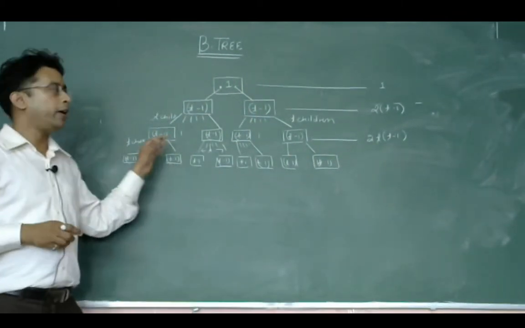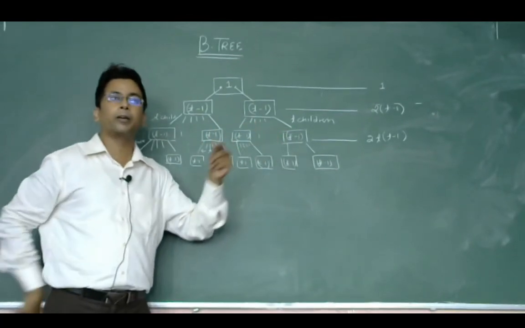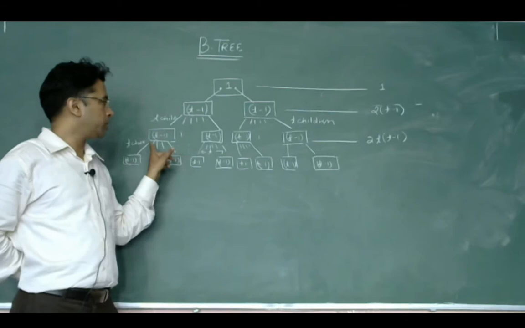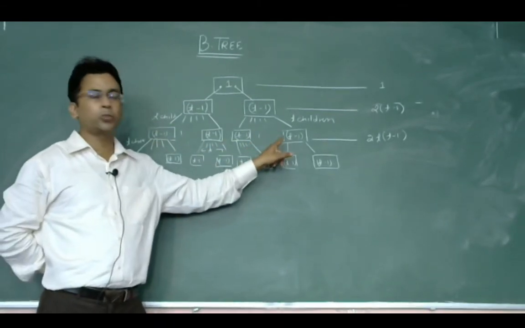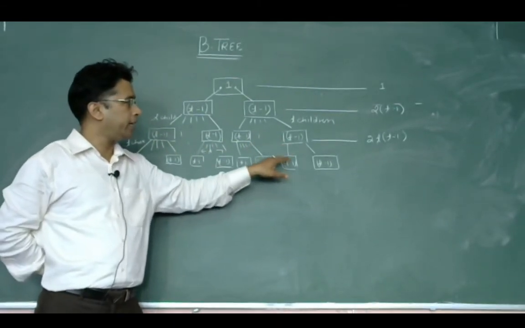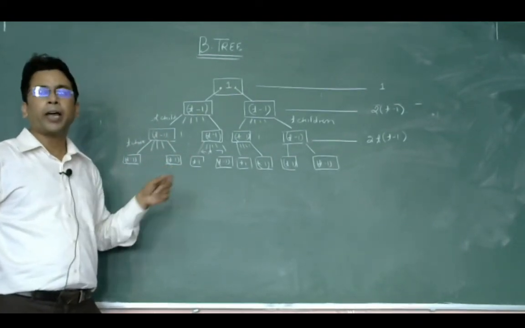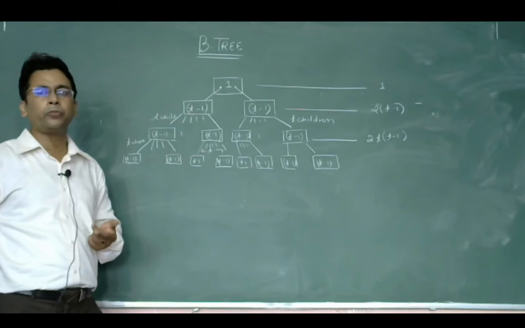Since the value of t could be very high, I am just marking it with dotted points, considering that each will have t children and each will have t minus 1 elements.